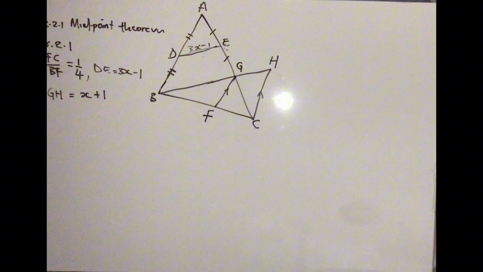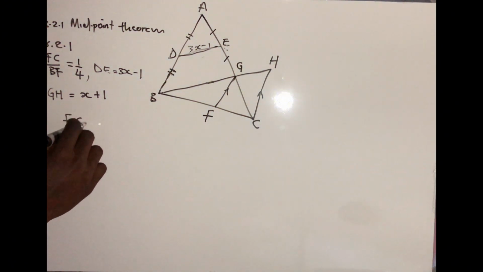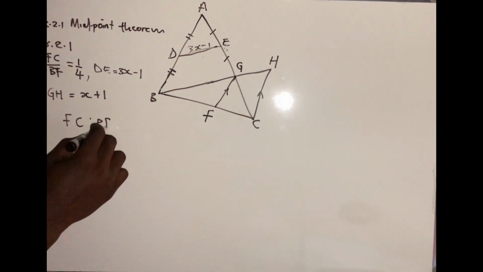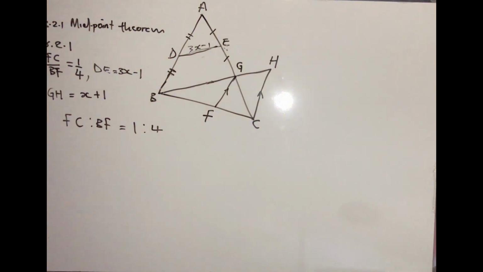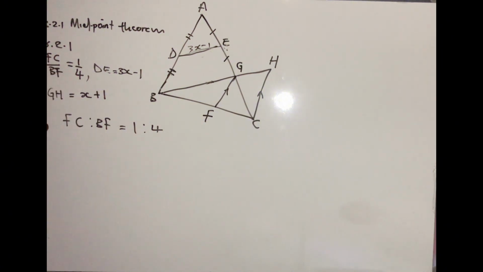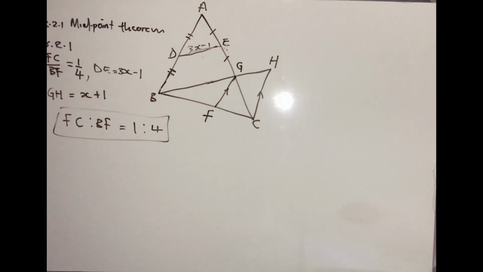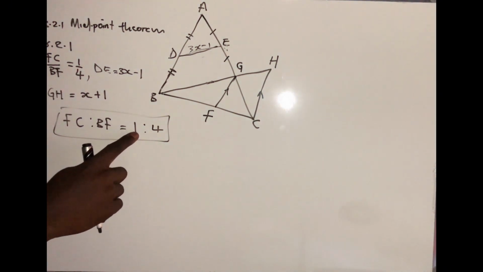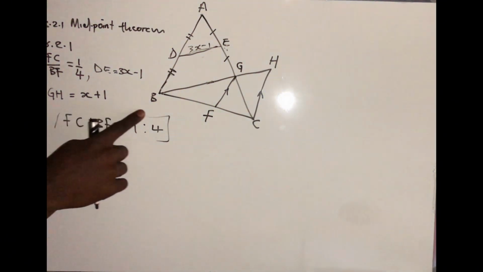So let me quickly give you a recap. FC to BF is 1 is to 4. So this is the same as the division line, that is to say FC over BF. You can write it in this format or in this format. But FC is represented by 1 and BF is represented by 4. This is a ratio, not the actual values.